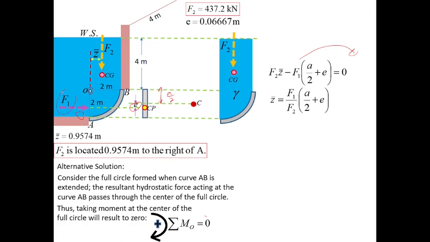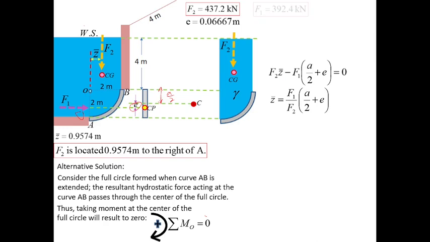Kasi, yan yung mga components ng ating hydrostatic force. No? So, therefore, ang summation niya ay 0 dahil ang resultant ay nagpa-pass through sa center, sa point O. No? Point O ng ating quarter circle.